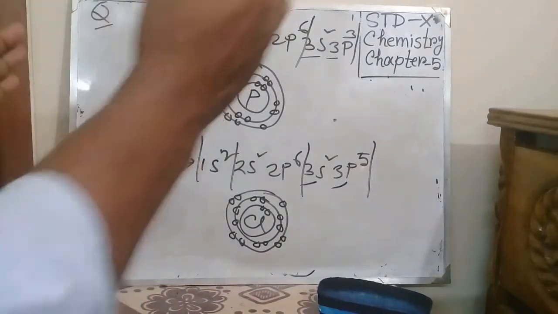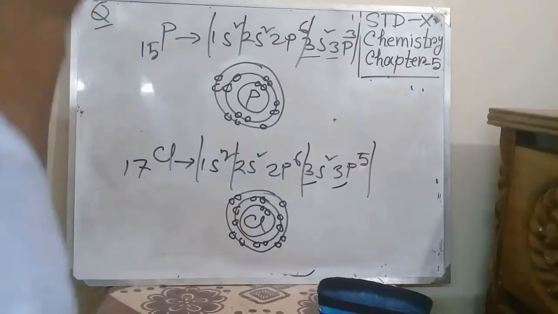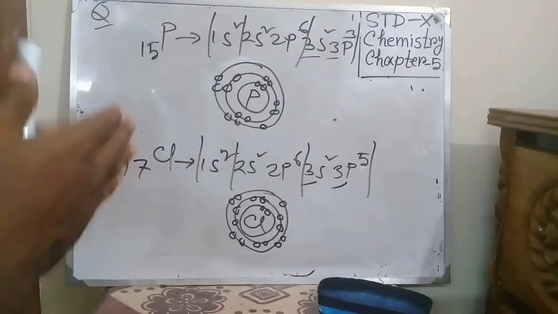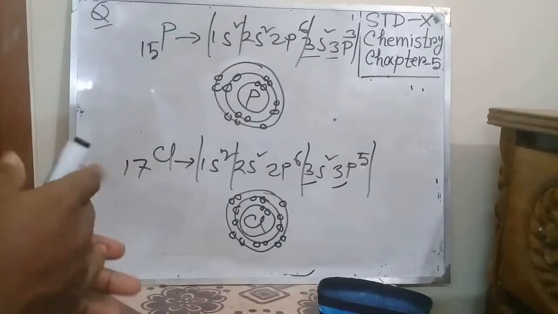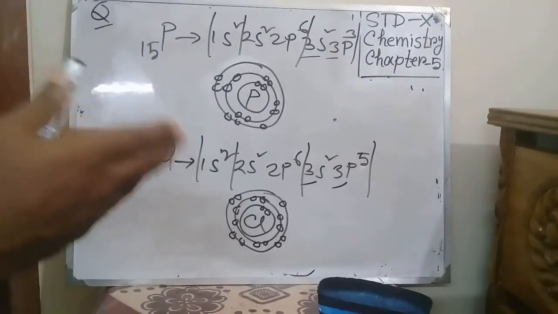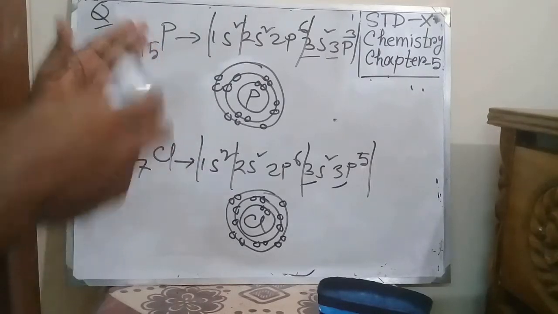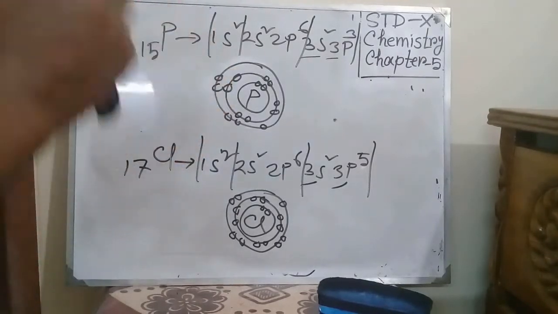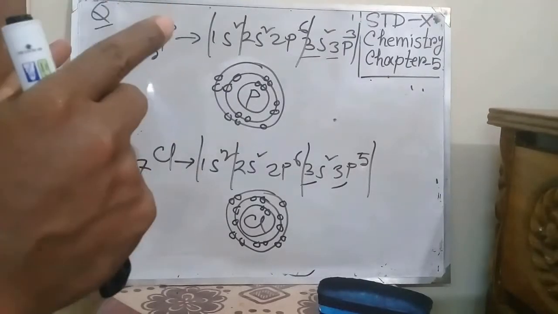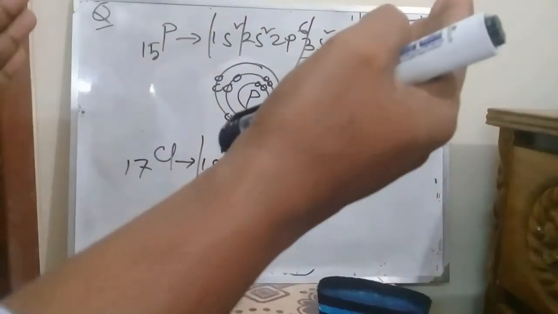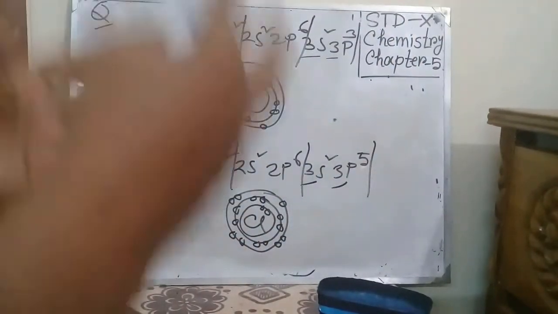So if I go from left to right in the periodic table, then the size of the atom, or atomic radius, will decrease, because there is an electrostatic attraction force between electrons and protons. In the same period, we know the shells are the same, but the number of electrons increases as I go from left to right. So the attraction force will be greater.